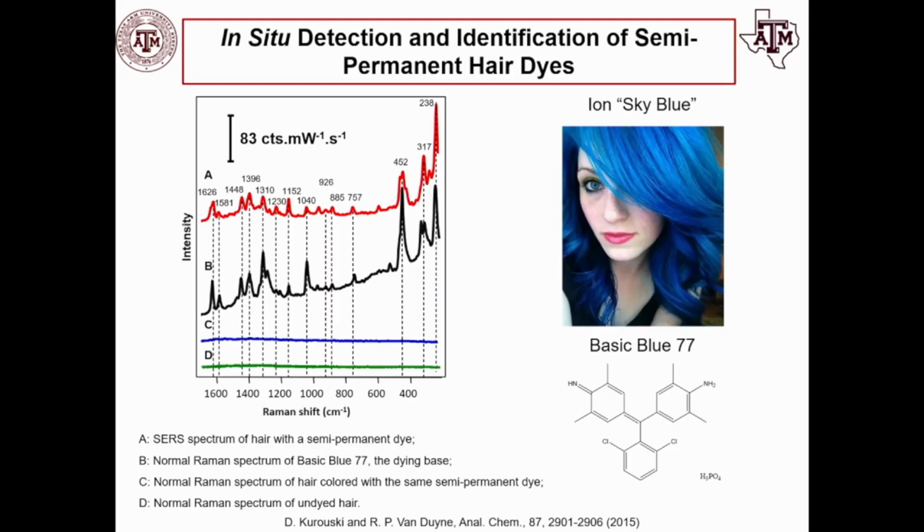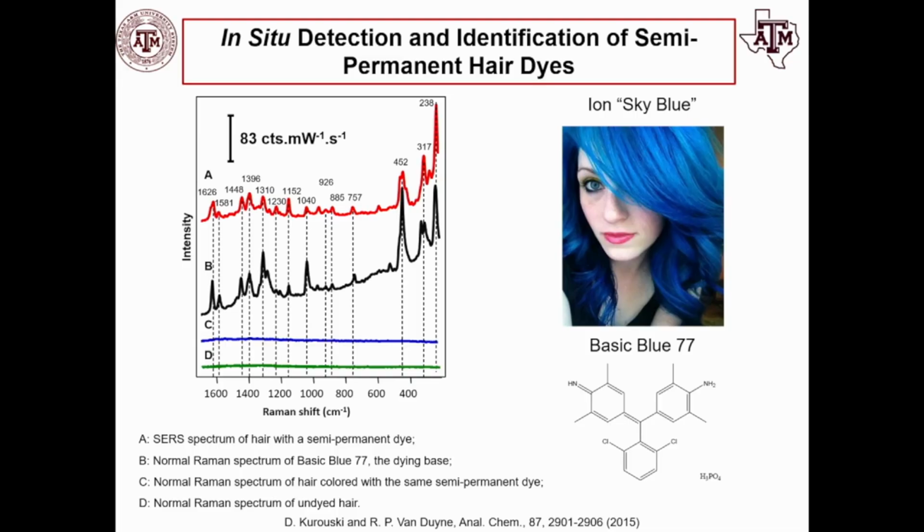And this red spectrum is very rich in vibrational signatures that originate directly from the dye. How do we know? We can get the reference spectrum of the dye itself, which is basic blue 77, and you can see a perfect match between the red and the black spectra, which tells us that although there are other components present in hair dyes, such as surfactants, Raman specifically sees the dye itself.